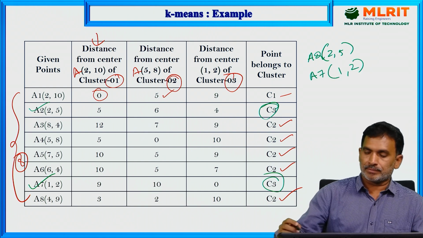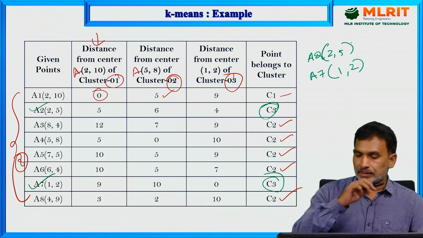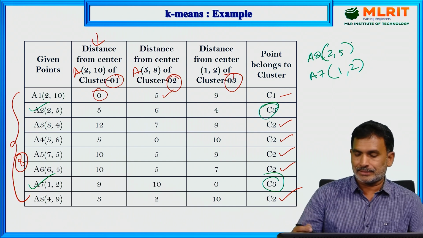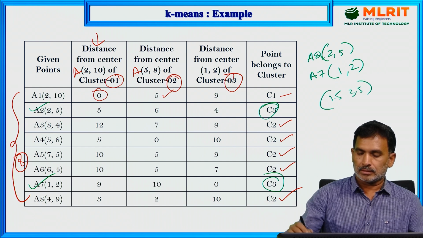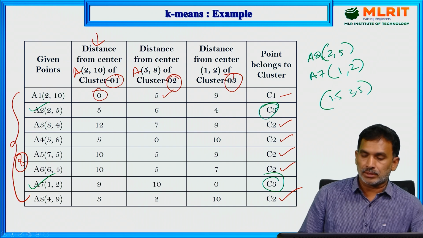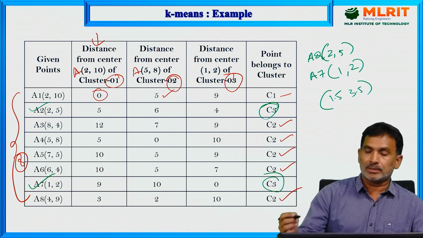Suppose these are the data points in this particular cluster. Then we calculate the average. Here, the mean of 2 and 1 is 1.5 and the mean of 5 and 2 is 3.5. This will be the centroid of this particular cluster.